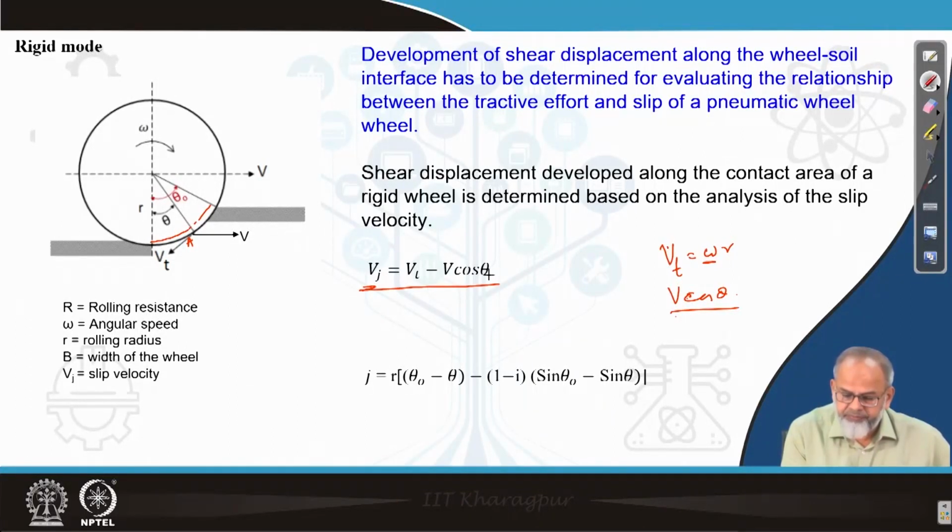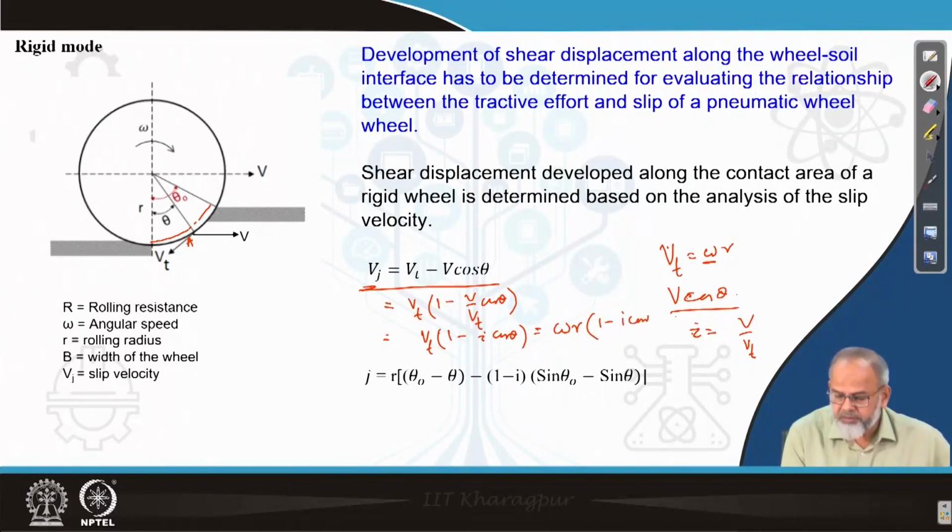Vj is equal to Vt minus V cos theta; if I take Vt common, it becomes Vt times 1 minus V by Vt cos theta. Now V by Vt is nothing but the slip i. So I can write Vt into 1 minus i cos theta, and Vt is equal to omega r. So omega r into 1 minus i cos theta.